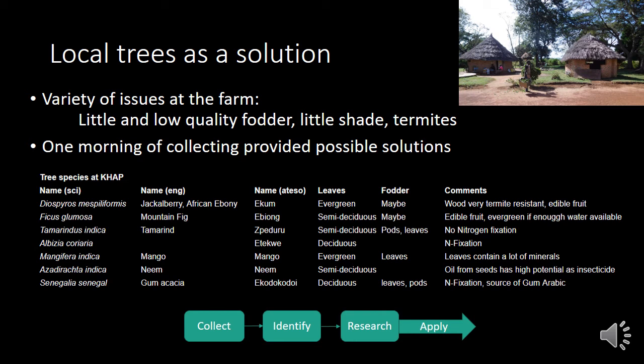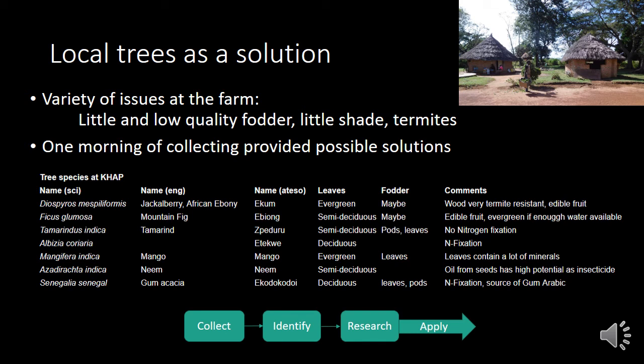And then you see that when you look at the local tree species, such as the first one, Diospyros mespiliformis, that was actually a tree that is very termite resistant and very capable of standing in a field. Actually, it lived with a termite mound underneath it, so it lived sort of in harmony with the termites. And this was a possible solution at least for the termite problem, because if you plant these trees as posts, you can use them as a living fence.